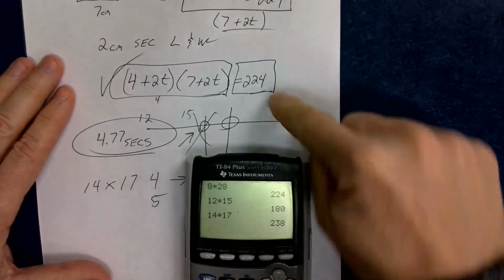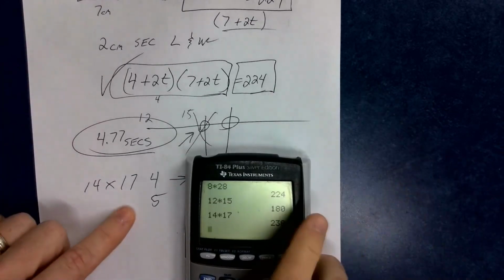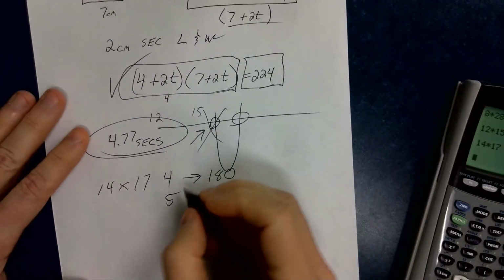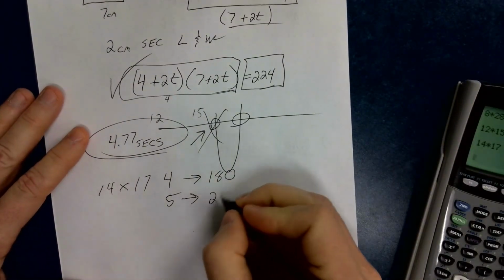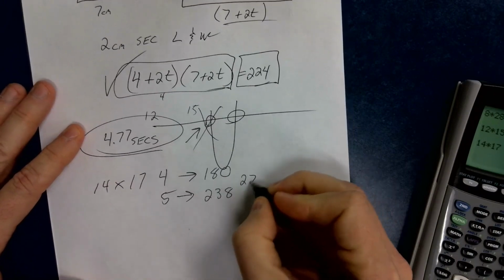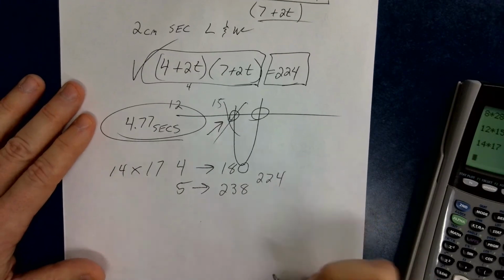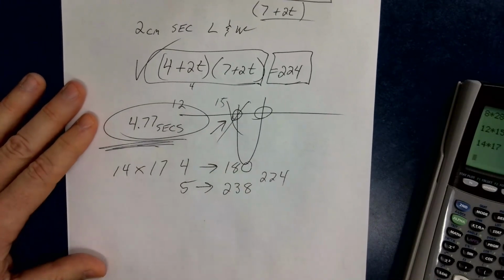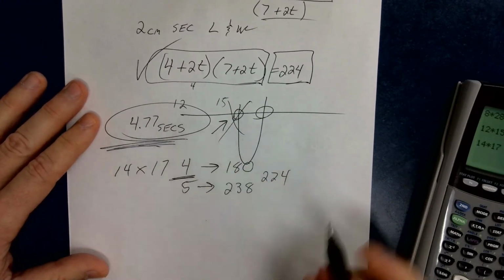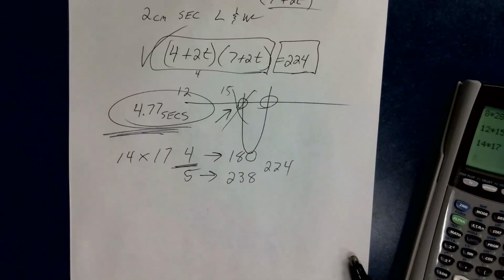That's 238. And you see that's bigger than 224. So logic said, right? 224 has to fall between those two things, so my actual time, which we got by solving that quadratic, had to be between 4 and 5 seconds. And that's how we do some problem solving.